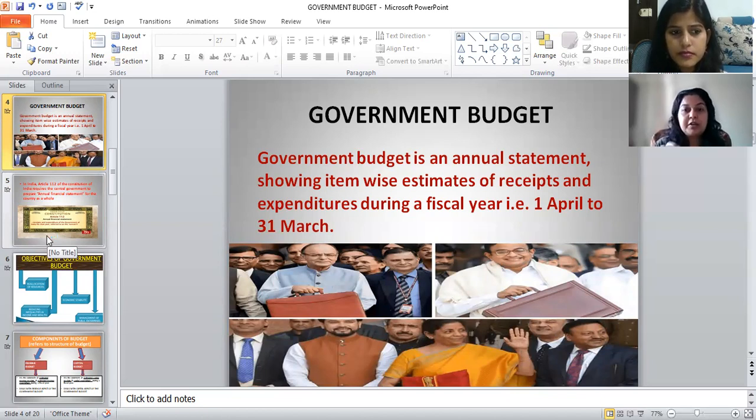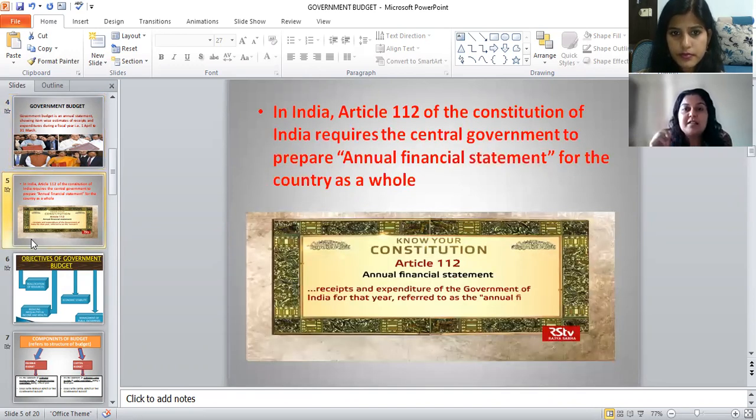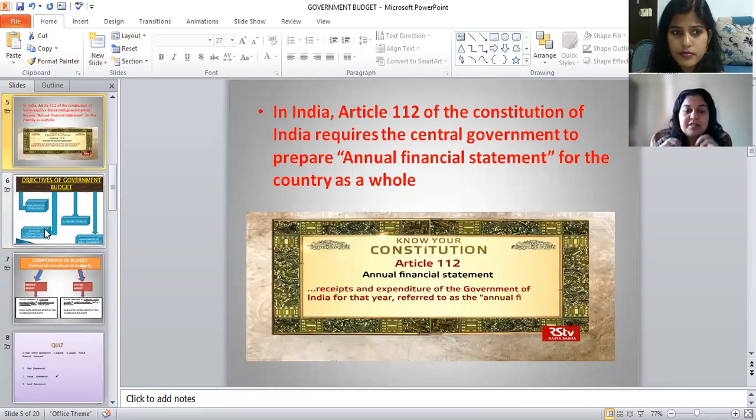Receipts are the income generated for the country, and there are some expenses that the government has to make. A fiscal year is one financial year. It starts every 1st April and ends on 31st March. Remember this, children. A new calendar year starts from 1st January and ends on 31st December, so it is something similar.